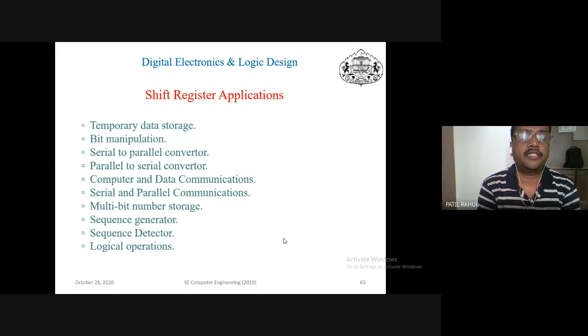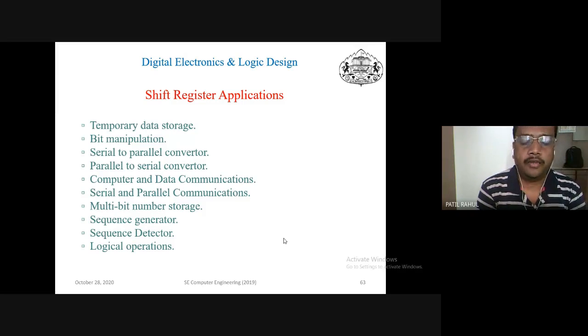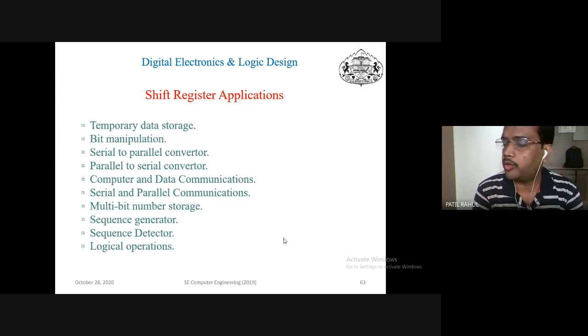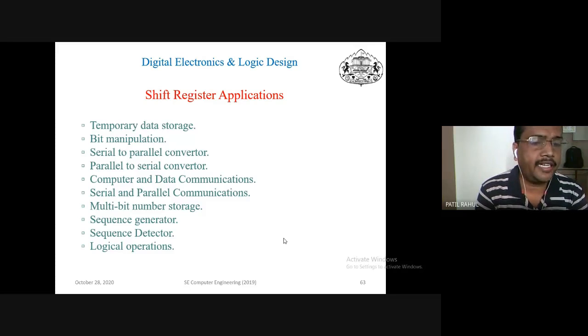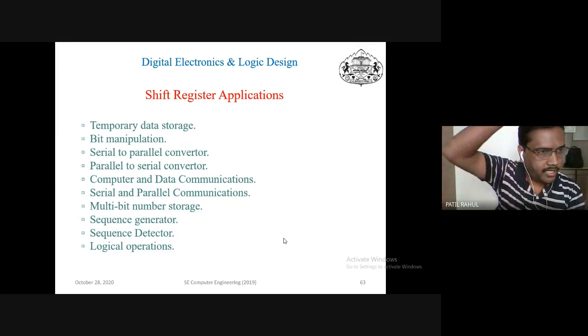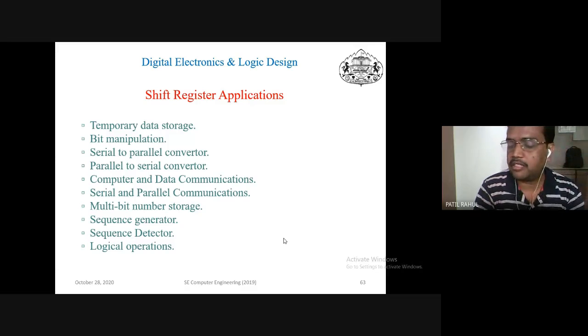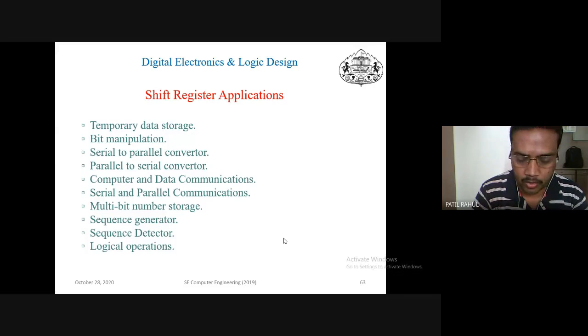The second application is bit manipulation. If you want to perform an operation on individual bits, at that time you can use the shift register. In the microcontroller or microprocessor subjects, take one example, 8051, an 8-bit microcontroller.